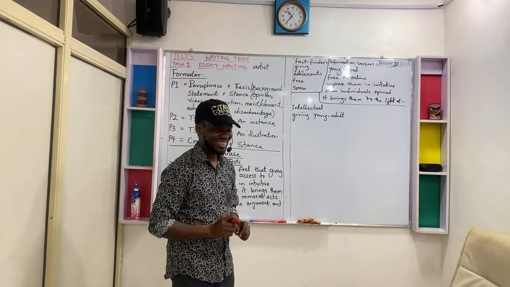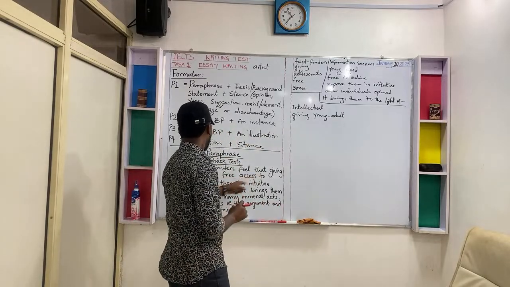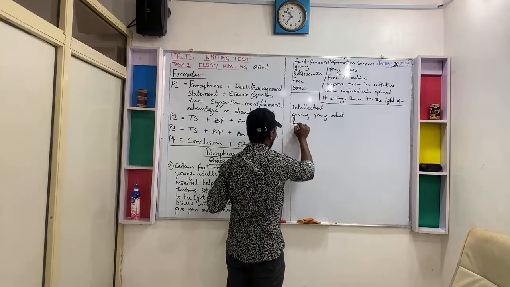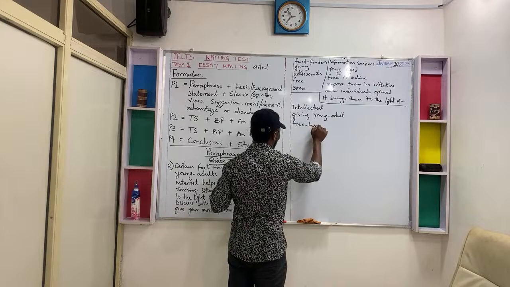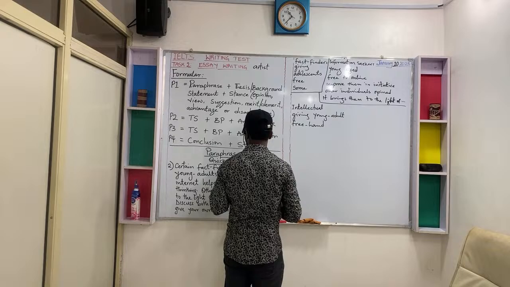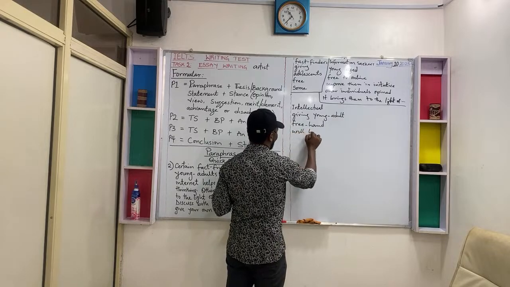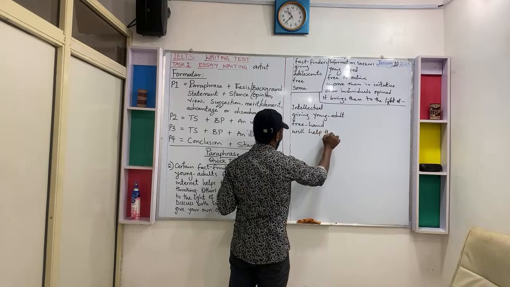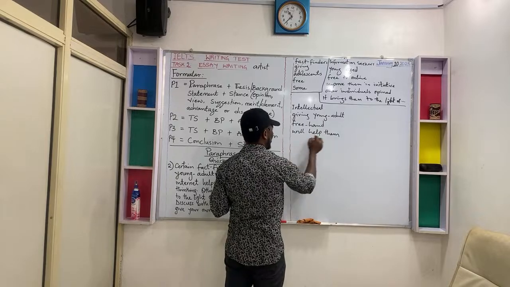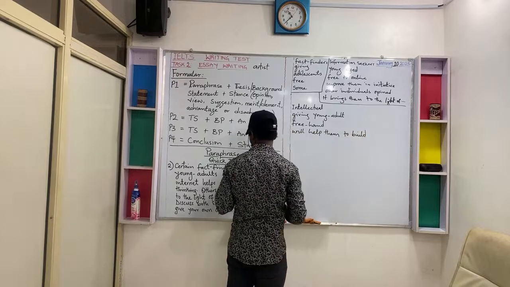I'm making notes so I can write what you're saying. So I'm at the point of giving young adults free hand to internet. Will help them to build their thinking.